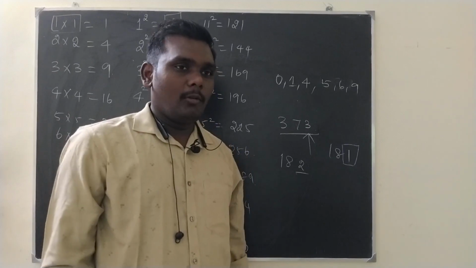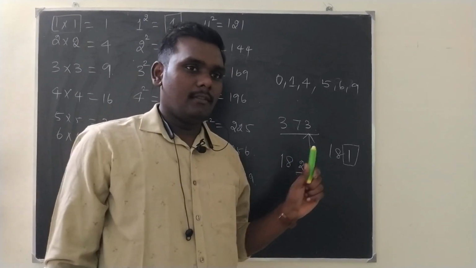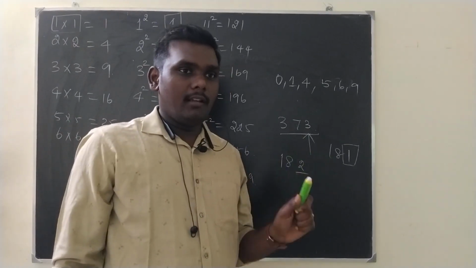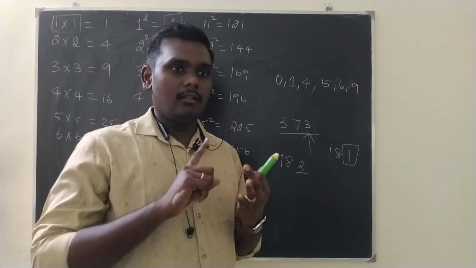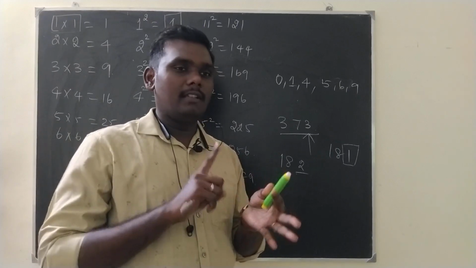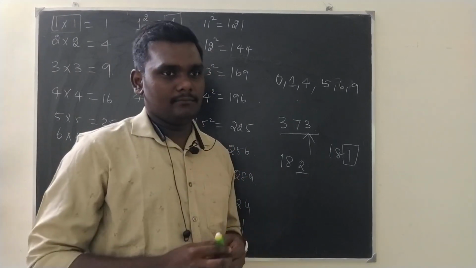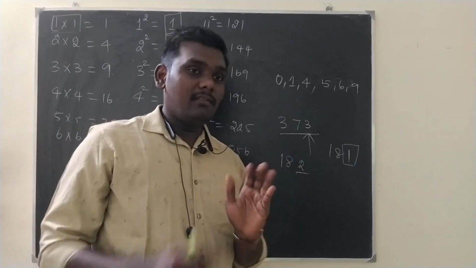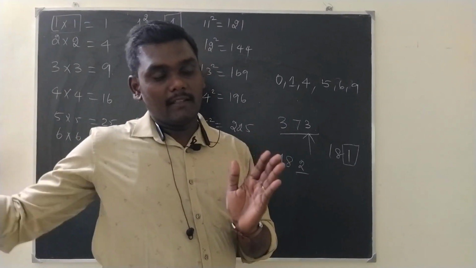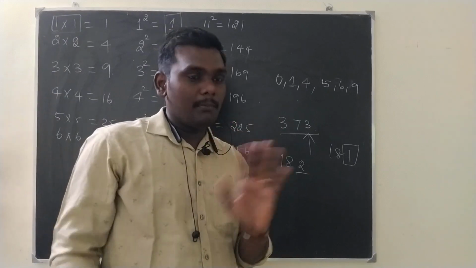So the statement I'm making here is, all perfect squares must end with 0, 1, 4, 5, 6 or 9. But the numbers which end with 0, 1, 4, 5, 6, 9 need not be perfect squares.